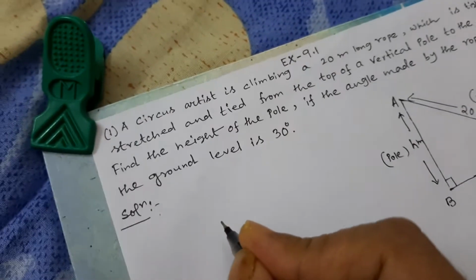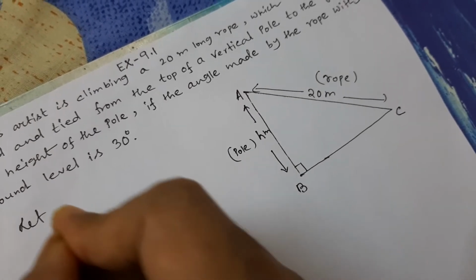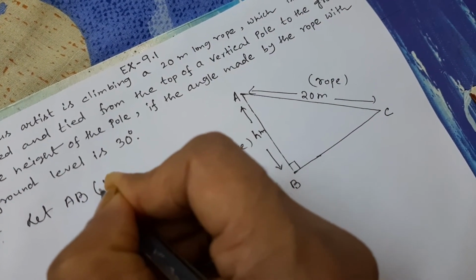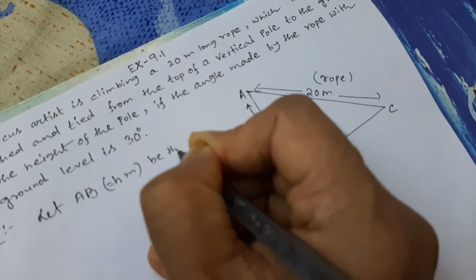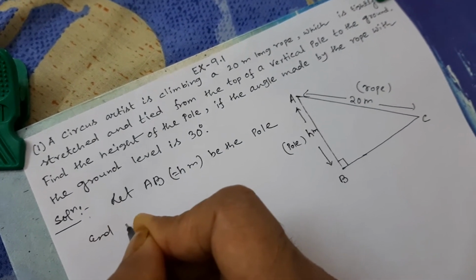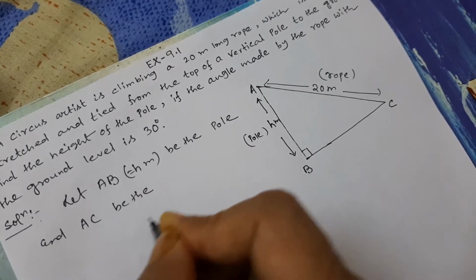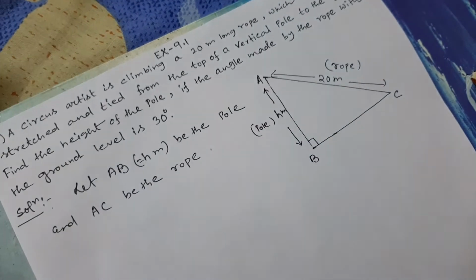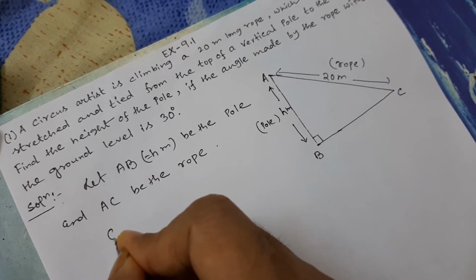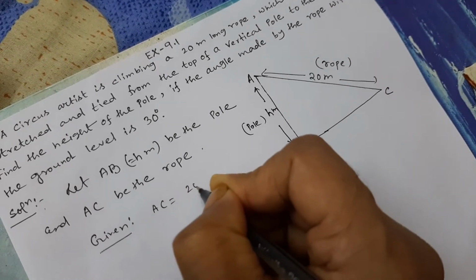Okay, so here write: let AB, that is h meter, be the pole, and AC be the rope. Given AC equal to 20 meter.